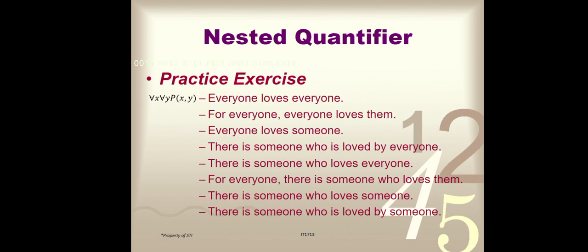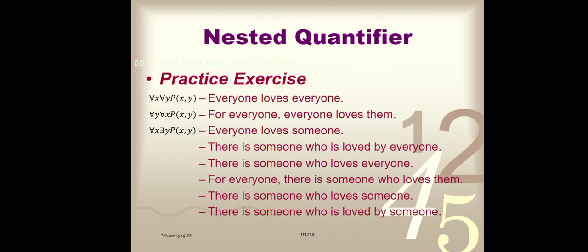How about the second one? For everyone, everyone loves them. That would be for all y, for all x, P(x,y). Everyone loves someone. That would be for all x, there exists y, P(x,y).